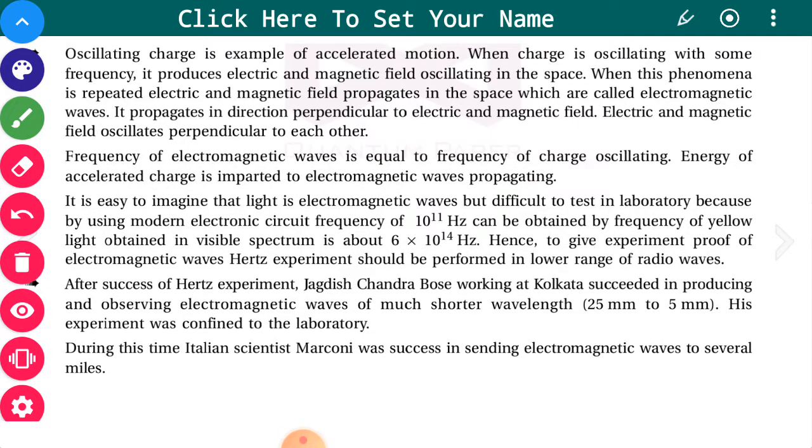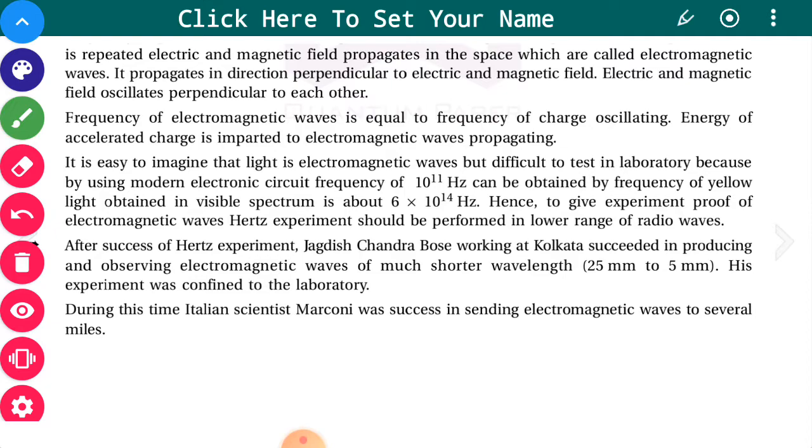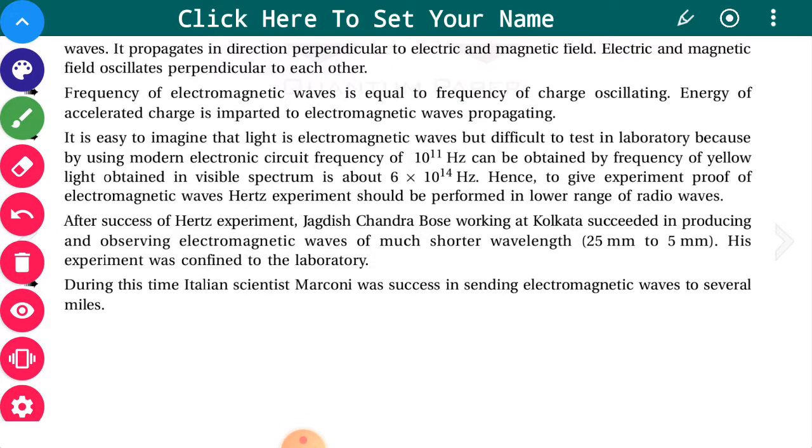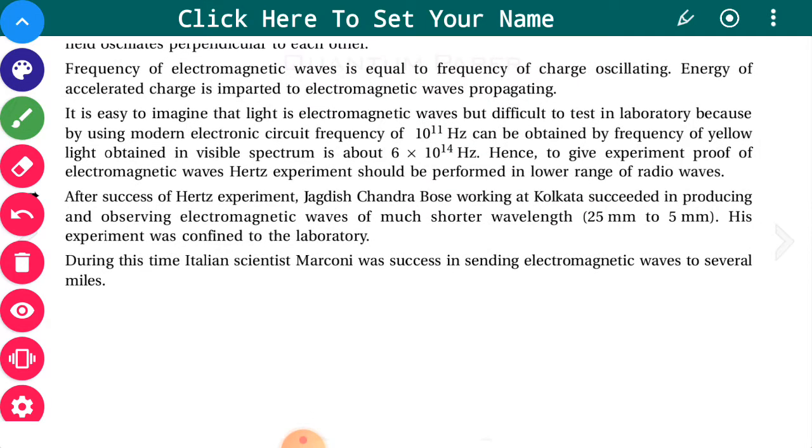When this phenomenon is repeated, electric and magnetic fields propagate in space, which are called electromagnetic waves. The frequency of electromagnetic waves is equal to the frequency of oscillation of the charge. The energy of the accelerated charge is imparted to the electromagnetic wave propagation.